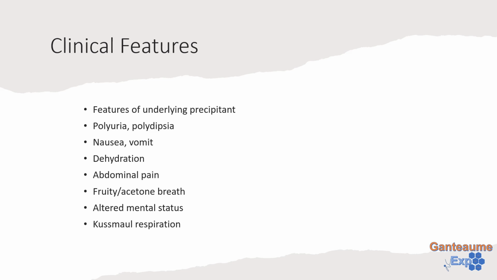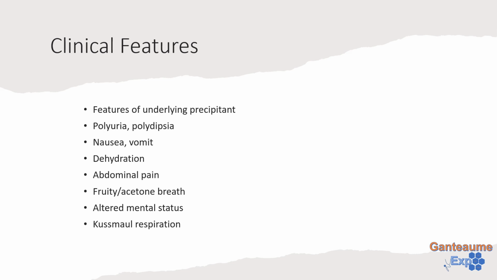Dehydration is also a result of hyperglycemia, which leads to glycosuria and an osmotic diuresis, and this could leave your patient volume depleted. Then we're seeing nausea and vomiting and most of these other symptoms, including Kussmaul's respiration, as well as acetone breath and even abdominal pain. These things are coming from ketone body formation.